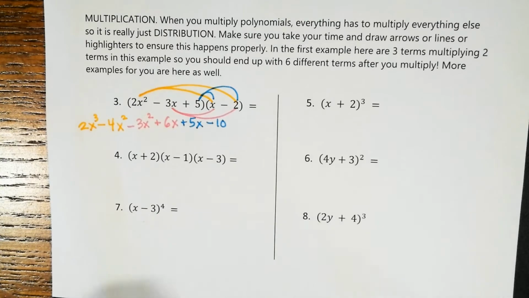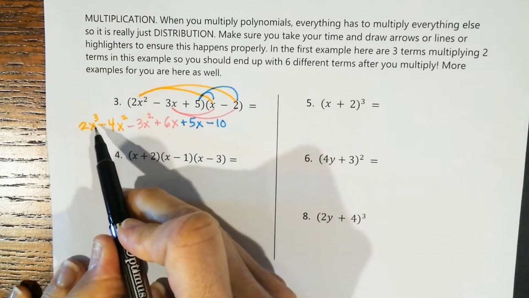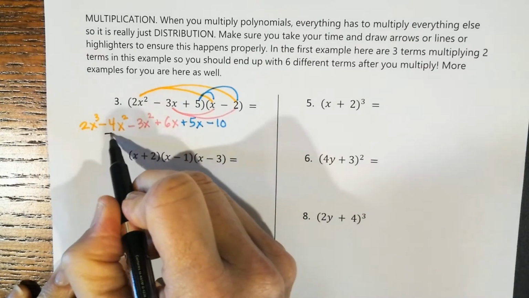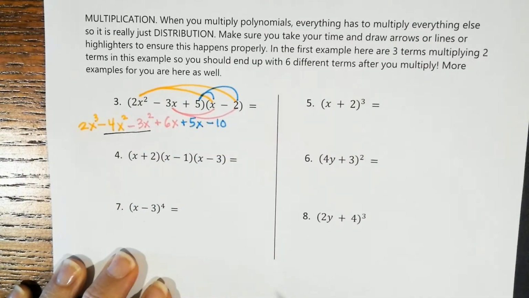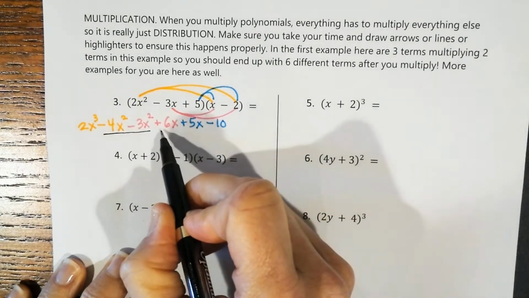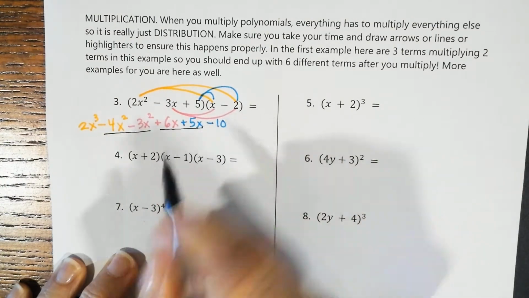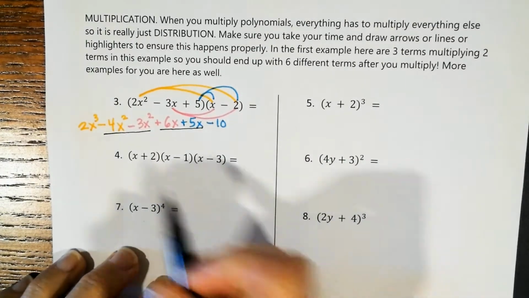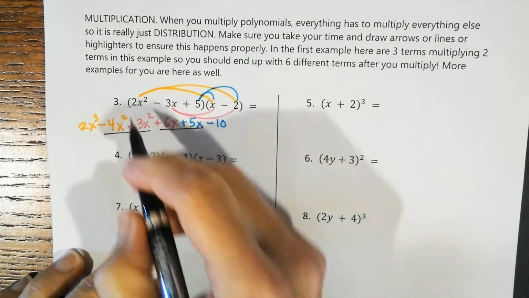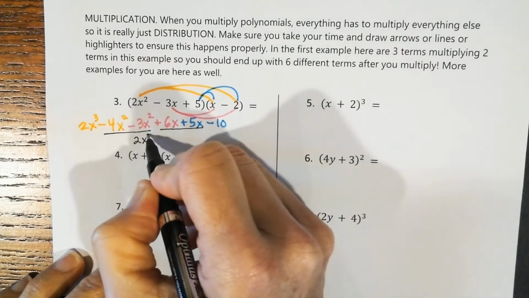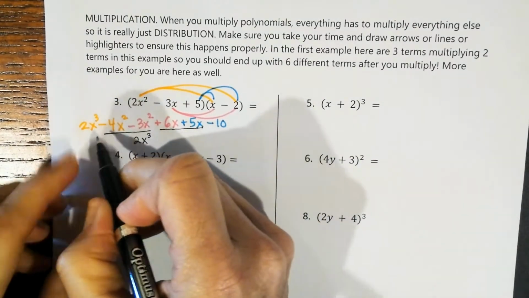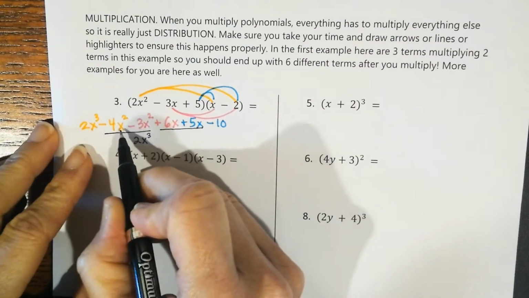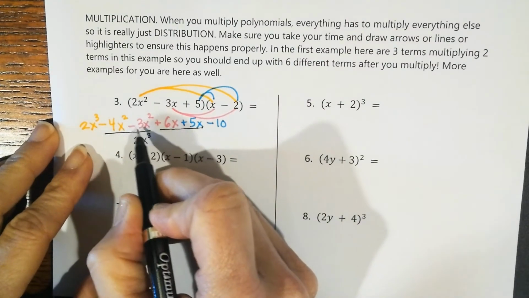I see that I only have one x cubed term. I see the next 2 are both x squareds. I can combine those. I see these 2 are both x's. I combine those. And they're all in order. So my final answer here is 2x cubed from here. This is minus 4x squared minus 3x squared.